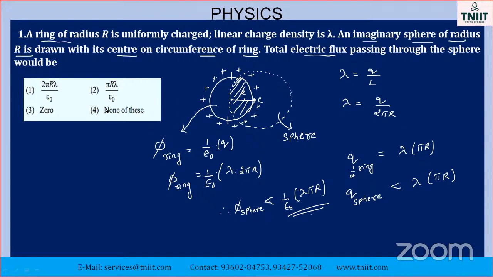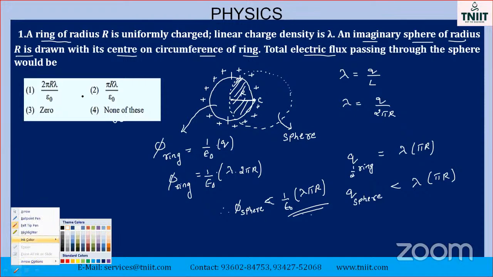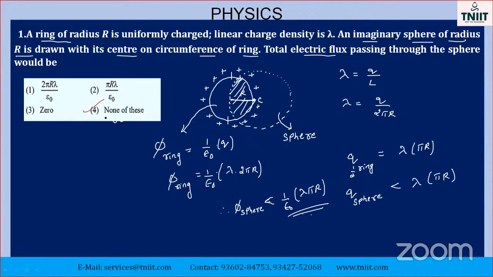So none of the options will be the answer here. So option 4 is the correct answer. It should be less than 1 by epsilon naught times lambda pi r.